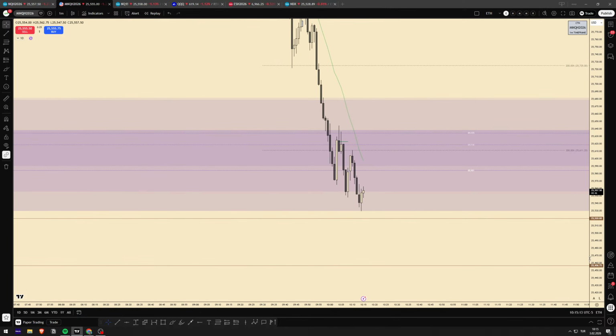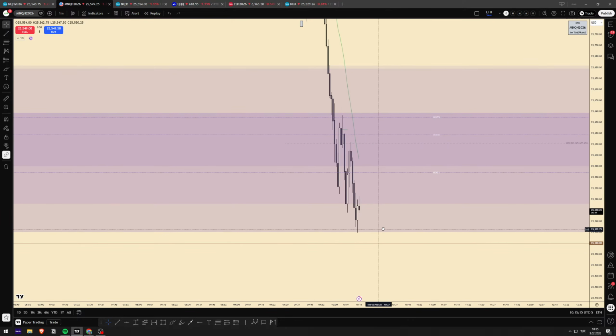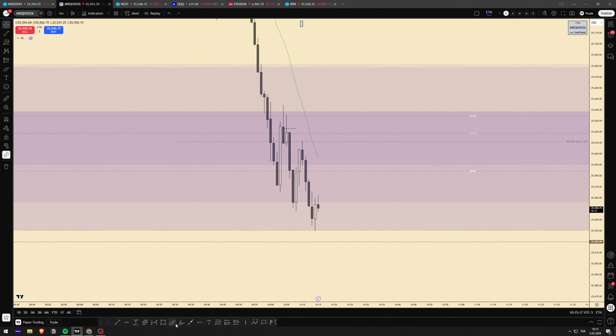So price always takes some kind of reaction from levels like that. Sometimes it would be a small retracement and price keeps going, continuing its way. Sometimes it's a stronger retracement, taking out some liquidity levels and then going back lower. And sometimes these levels may cause complete reversals.